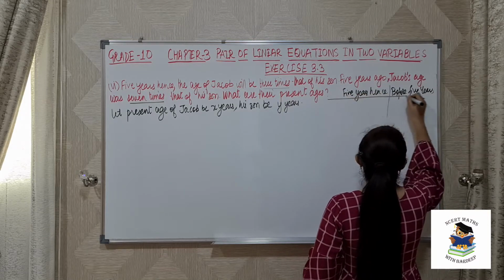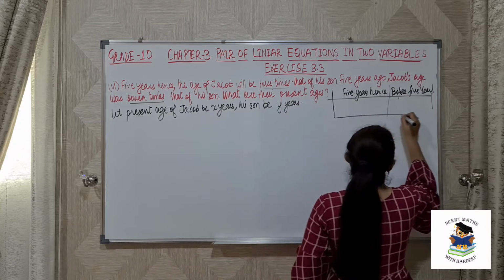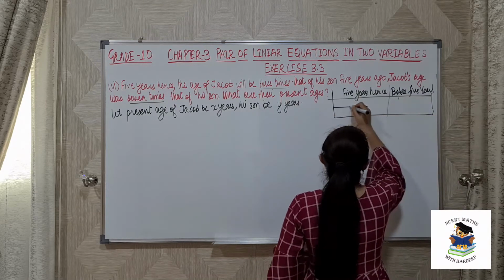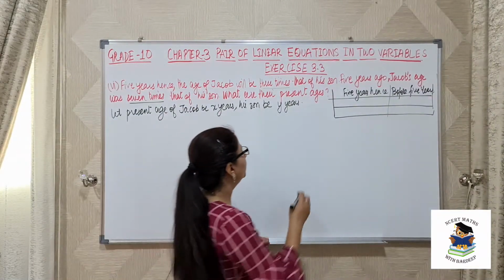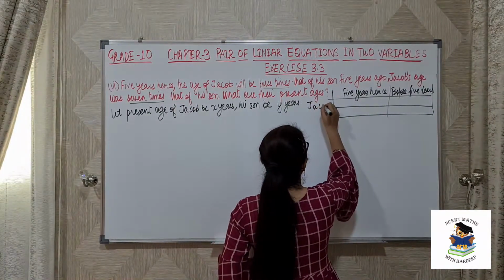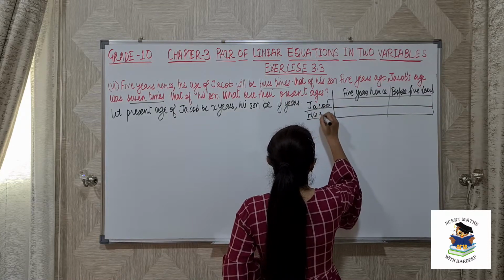Okay. It's always recommended to make this table so that you can easily frame your equations. On one side we will write Jacob and the second person is his son.